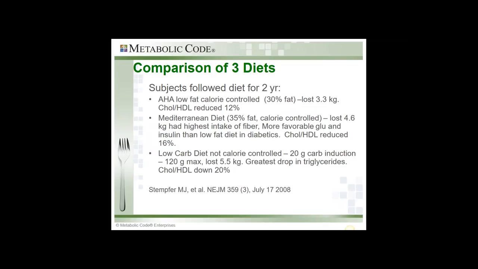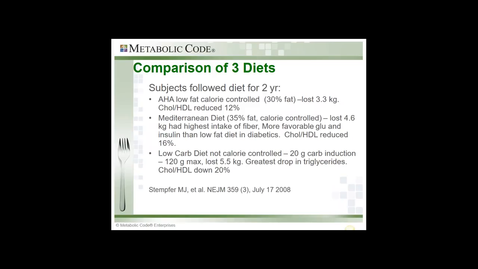When they followed this diet in this study for two years, they only lost 3.3 kilograms, maybe about 7 pounds. On a Mediterranean diet, which is a little bit higher in fat, and they emphasize using olive oil, so it's a healthier fat, also calorie controlled, they lost more weight, 4.6 kilograms, and of all the diets, that one had the highest intake of fiber.